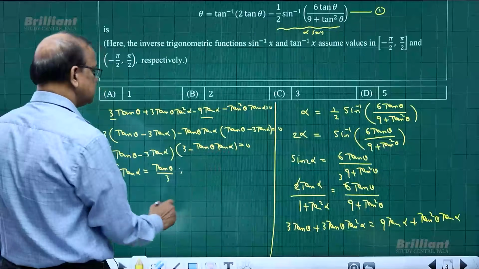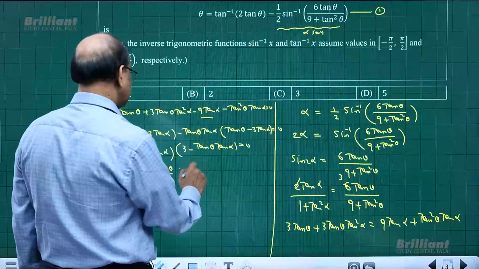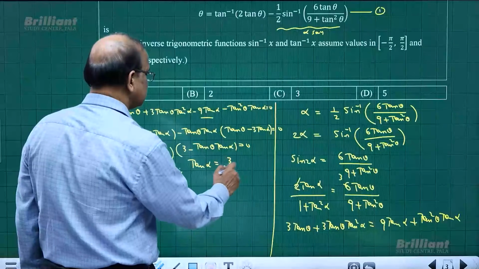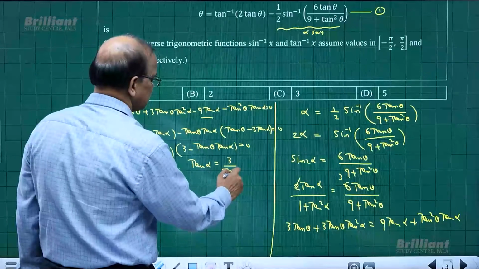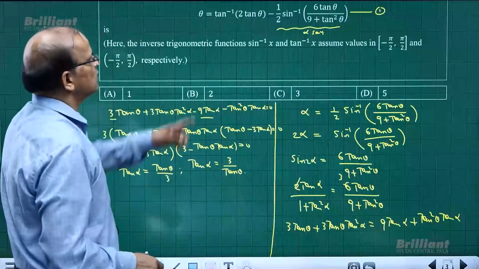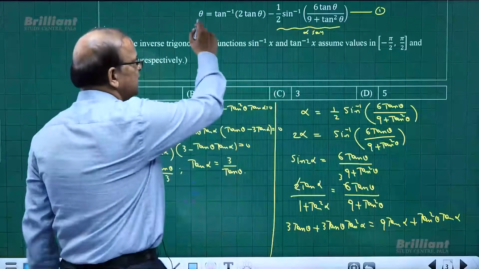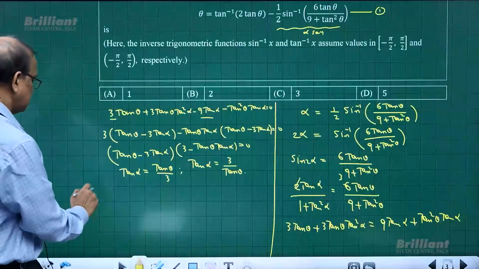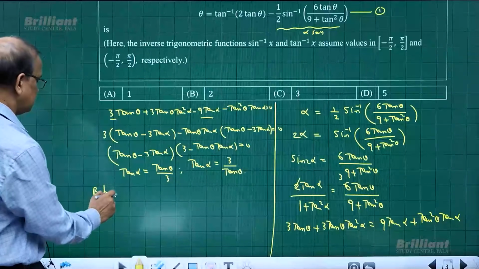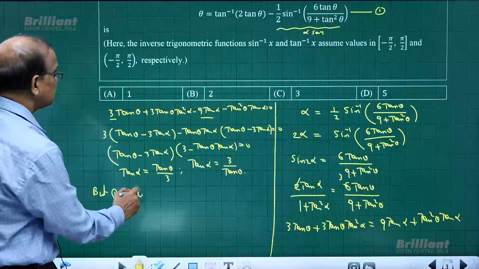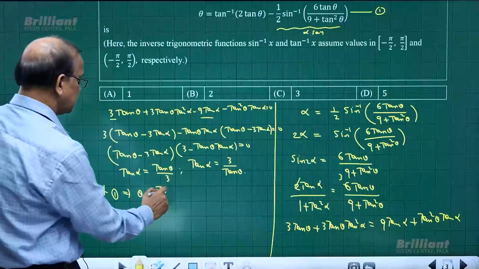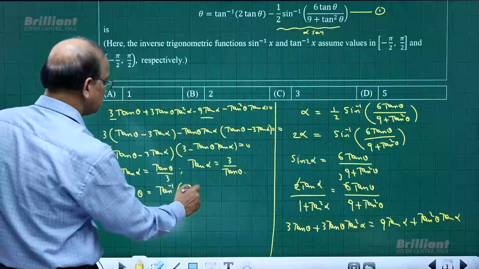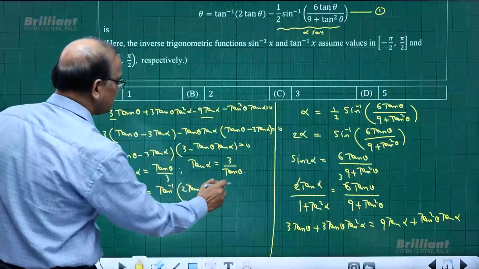So therefore from this, tan alpha is equal to tan theta by 3. And the other, tan alpha is equal to 3 by tan theta. 2 cases, right? Now what is the equation? The first becomes theta plus alpha is equal to this, right? Therefore theta is equal to tan inverse of 2 tan theta minus alpha.